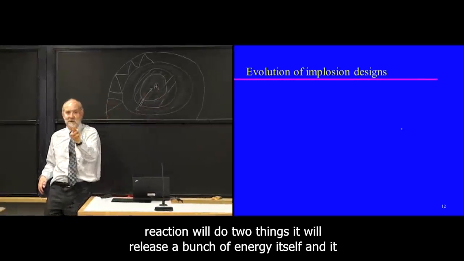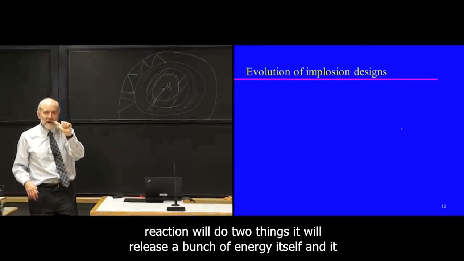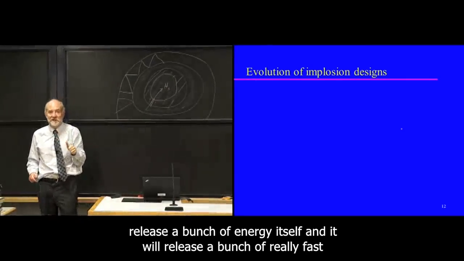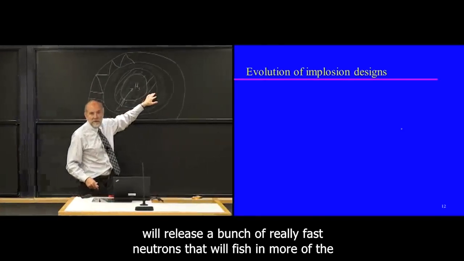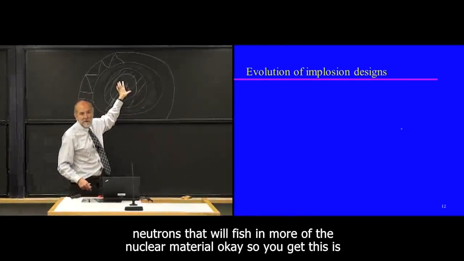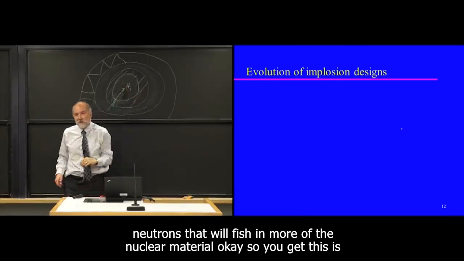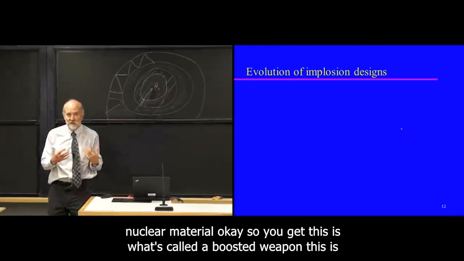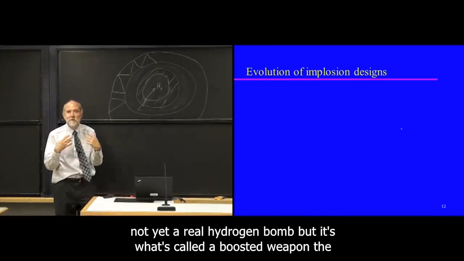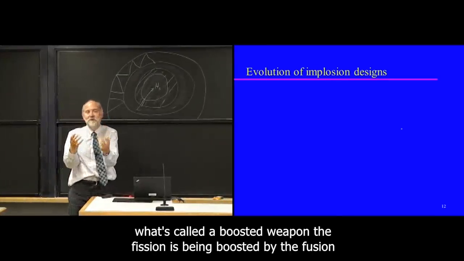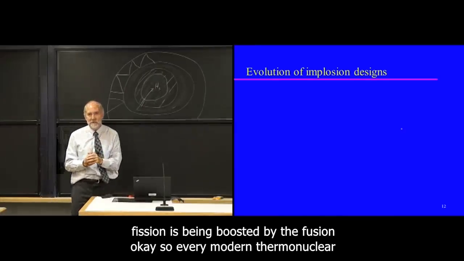It will release a bunch of energy itself, and it will release a bunch of really fast neutrons that will fission more of the nuclear material. So this is what's called a boosted weapon. This is not yet a real hydrogen bomb, but it's what's called a boosted weapon. The fission is being boosted by the fusion.